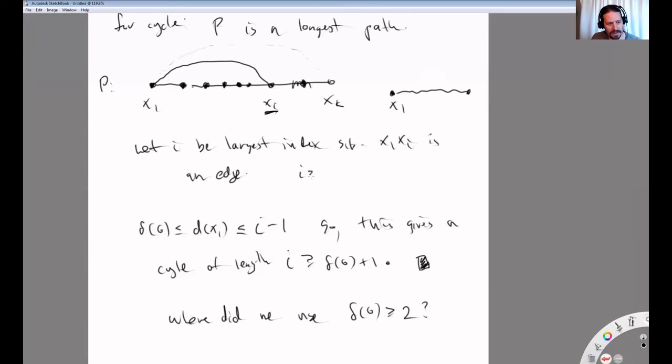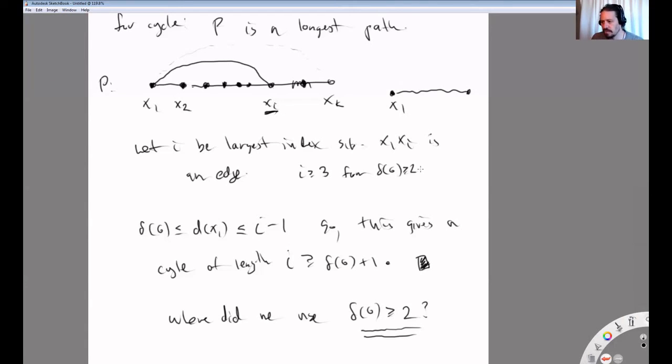This means that I is at least 3 because of the degree 2, right? Because it's definitely adjacent to x2 just by the definition of the path. But that wouldn't give me any type of cycle. So to get that I is at least 3, I'm using this minimum degree condition here. That'll give me this from degree of G at least 2. But the path doesn't need that thing.